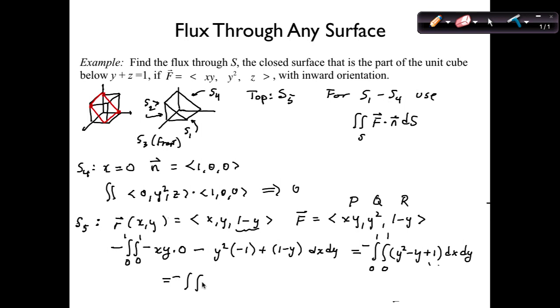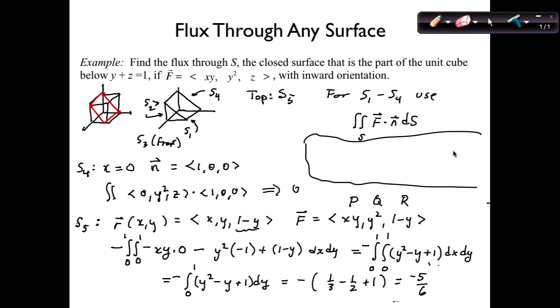So negative the whole thing, with a single integral in y now, from 0 to 1. I think we're going to get the opposite of 1/3 minus 1/2 plus 1, which equals negative 5/6.